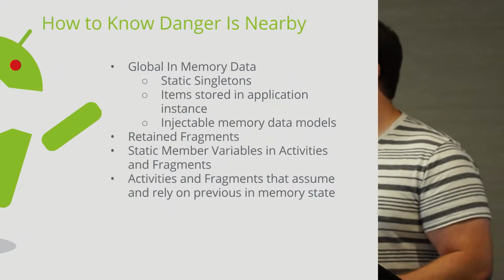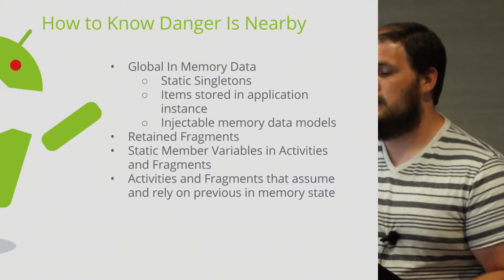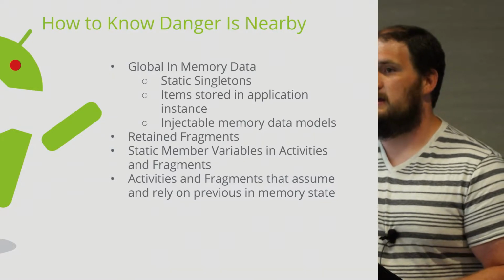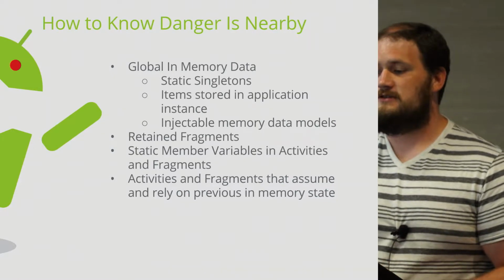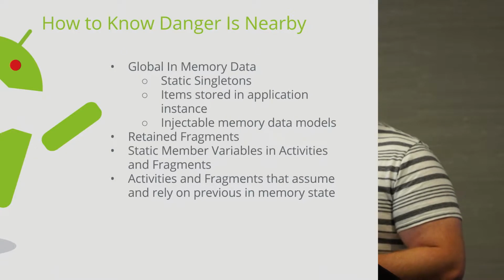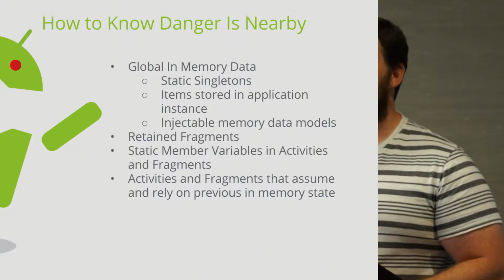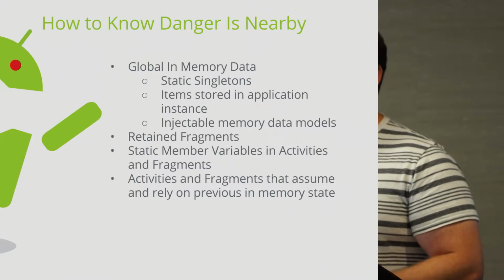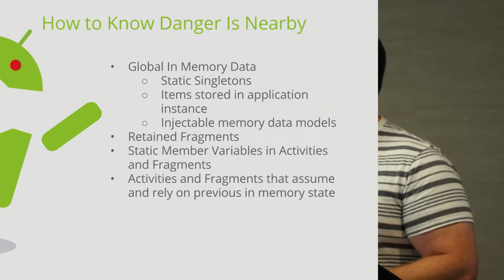All right, so things to look out for to know danger nearby is global memory data. So this is your static singletons. This is your member variables that you're storing in your application instance. This is also your injectable memory models that you're doing from Dagger.